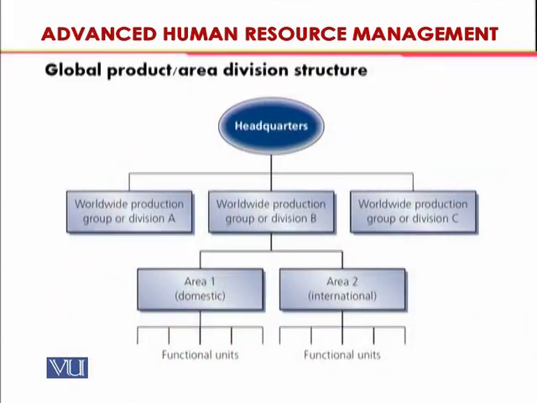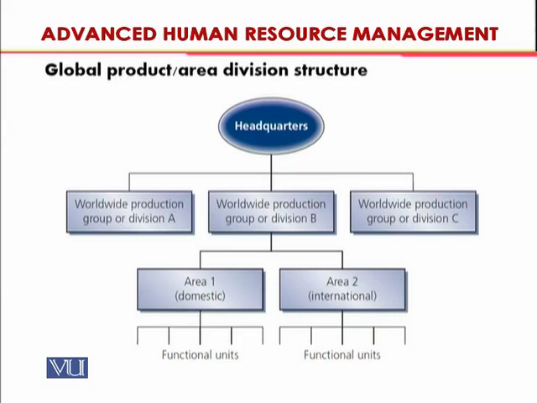This is a global product area division structure, a combination of both of them. In the first layer, you can see that this is a product division structure, and on the second layer, you can see that area divisions have also been added.